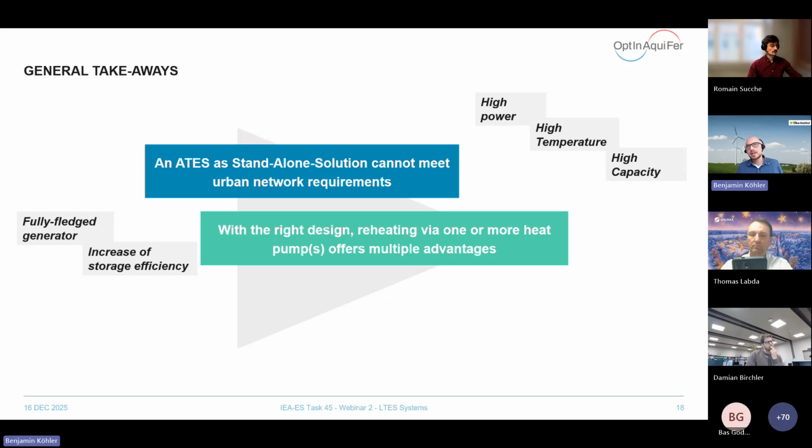But with the right design, reheating via one or more heat pumps, an ATES can offer multiple advantages to the district heating systems. ATES can be a fully fledged heat generator. And also we can increase the storage efficiency when integrating heat pumps because we can cool down the ATES much more than without heat pumps.